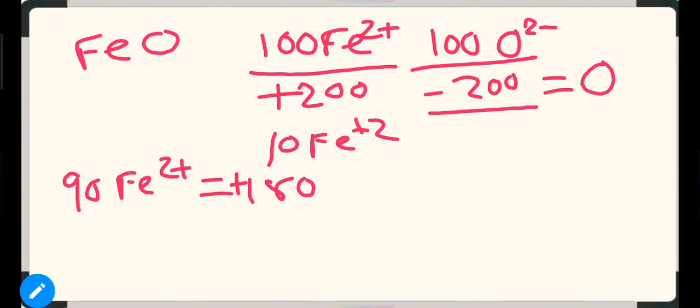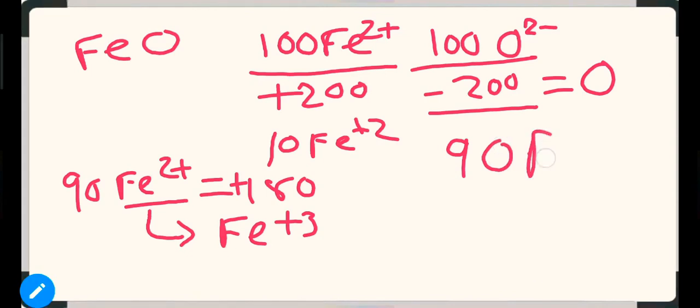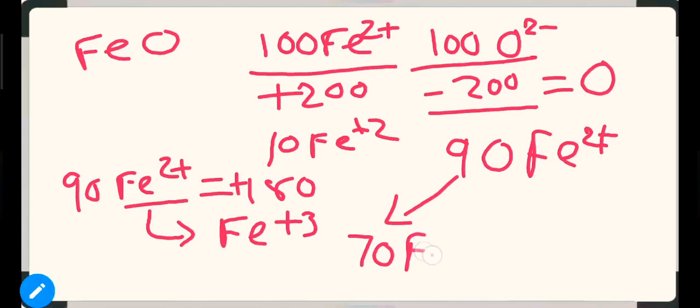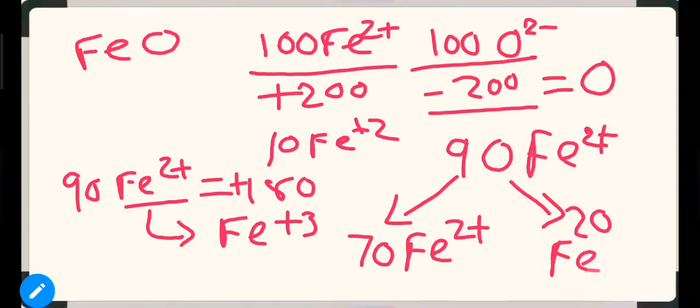So some of the Fe2+ will convert themselves into Fe3+ to maintain neutrality. Let us say 70 remain as Fe2+ and 20 convert into Fe3+.